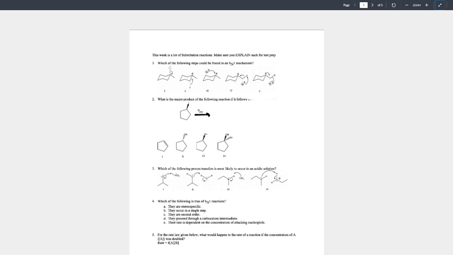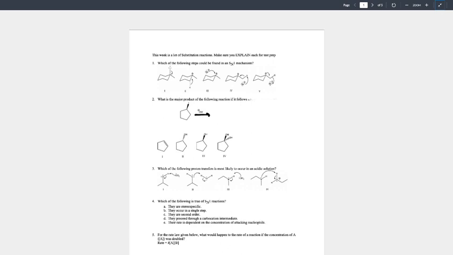Here's the drama, okay? Theoretically, what you will be asked, not a whole lot of times, but I will ask it, is what's the product of this reaction? Or products, plural. So what you need to be able to do is to look at this and say, that's going to follow an SN2 mechanism.